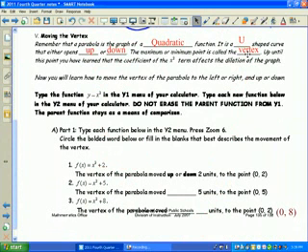Up until this point, you have learned that the coefficient of the x squared term affects the dilation. So it affects if it compresses or if it stretches. So now we're going to learn how that vertex moves, either left or right, or up or down.